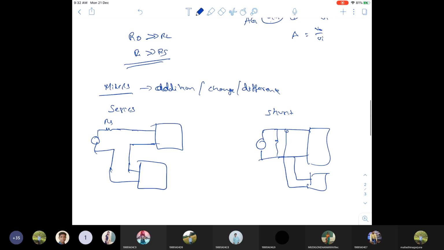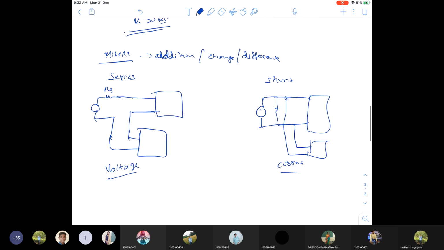In a series connection, voltage will be variable, whereas the current will be constant. So the series mixer's input is voltage. Remember, if the input is series connection, the input signal is voltage. If the input is shunt connection, the input signal will be current.